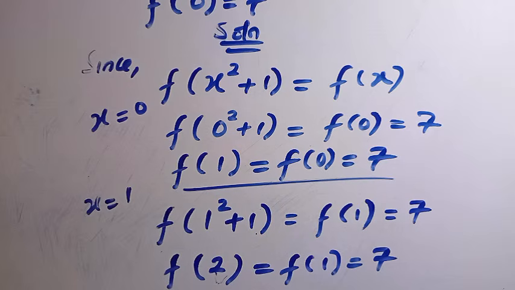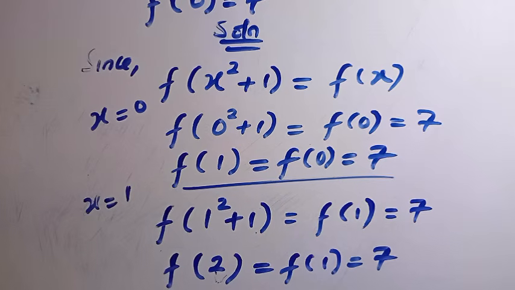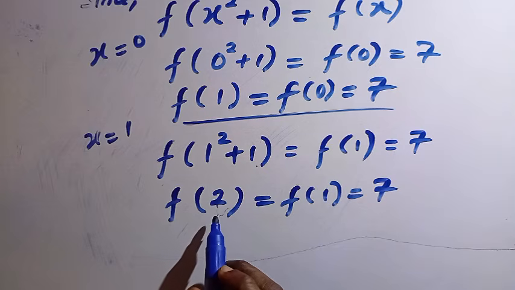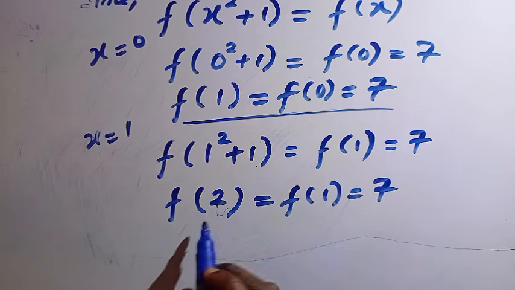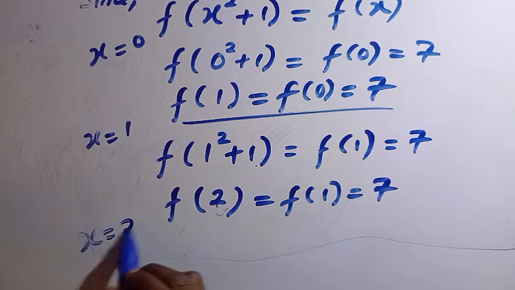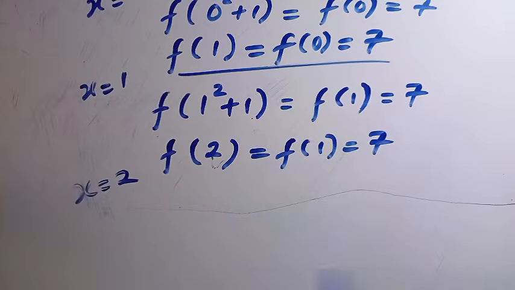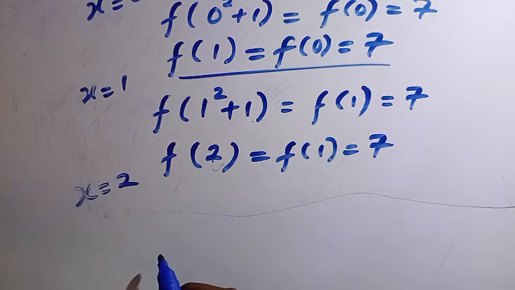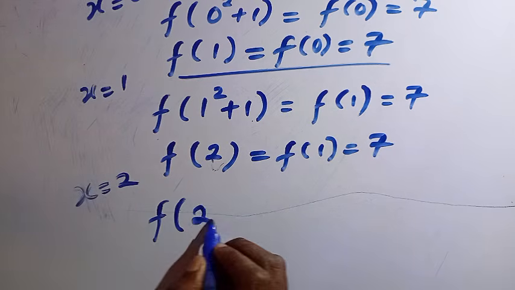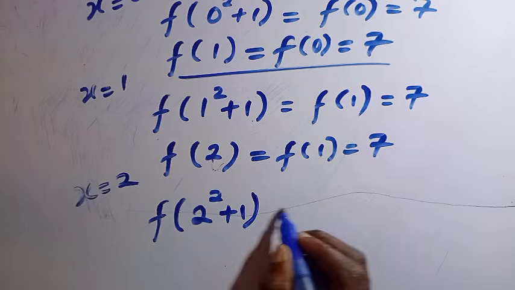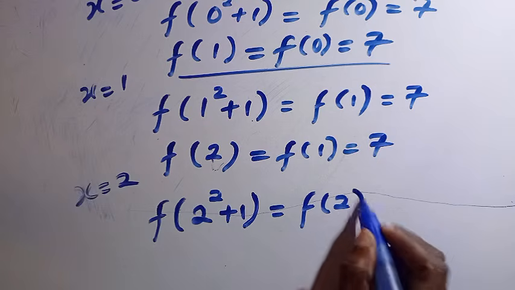Note that we are going to f of 2025. And we got f of 2, which means I can still test at x equals 2. For x equals 2, we have f of 2 squared plus 1 equals f of 2.